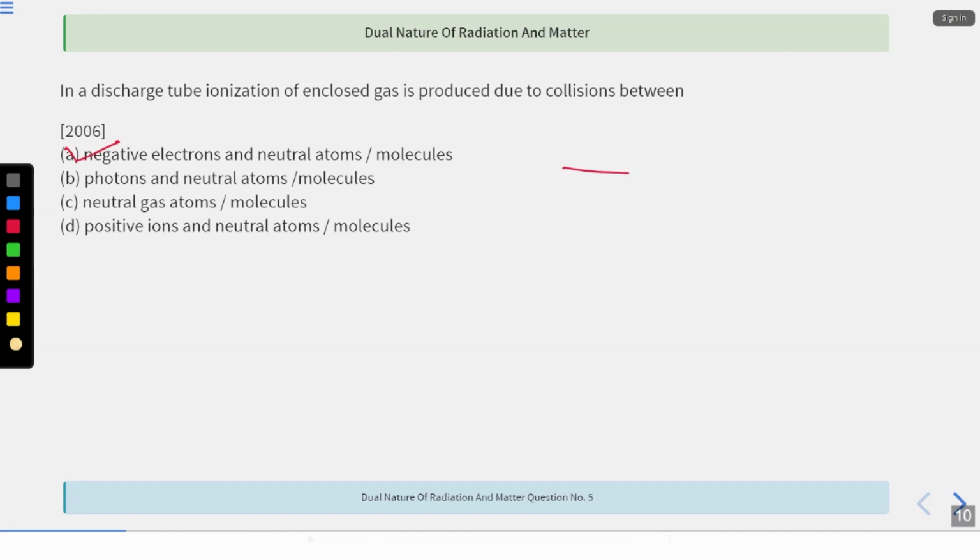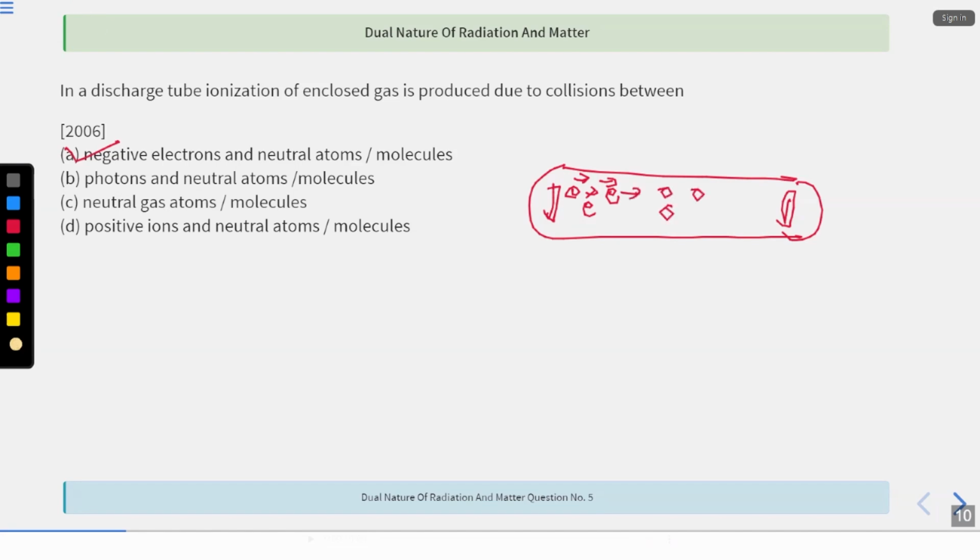Okay, let's call this a cathode tube. So when the electrons are emitted over here from the cathode, they collide with the gas molecules or atoms. Okay, so there are gas molecules also.